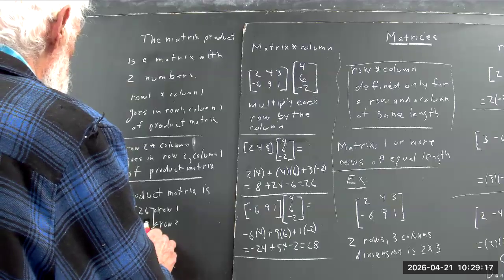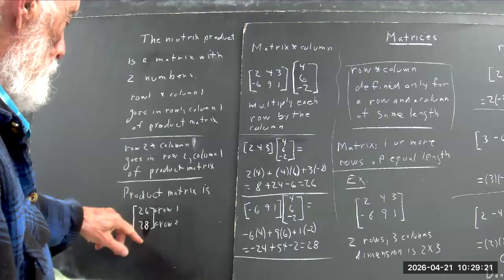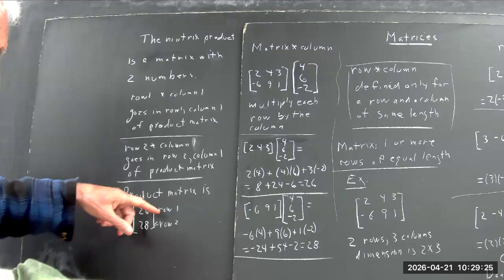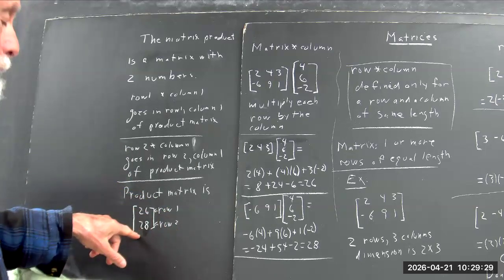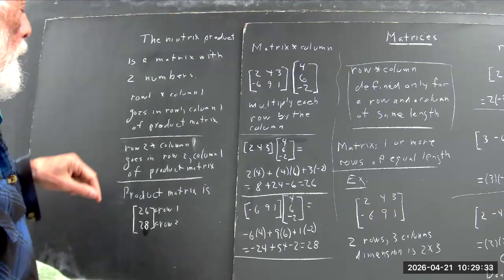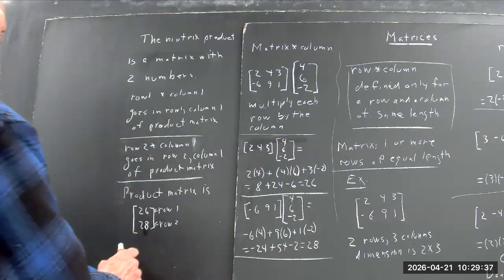So when I write the product matrix, it's the column 26, 28. Okay. Now again, row one of our column matrix, column vector is 26. Row two is 28. There's only one column, so it's column one.